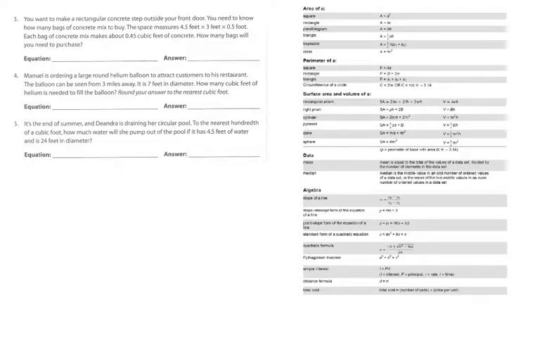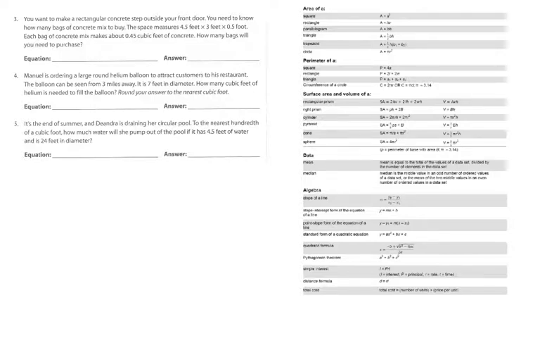Okay, let's look at number 5. It's the end of the summer, and Deandra is draining her circular pool. To the nearest hundredth of a cubic foot, how much water will she pump out of the pool if it has 4.5 feet of water and is 24 feet in diameter?